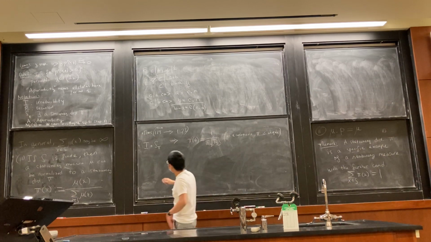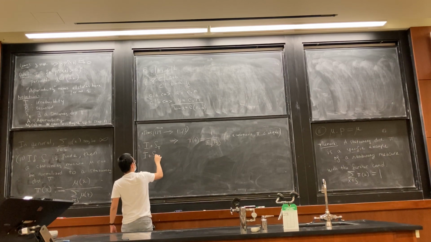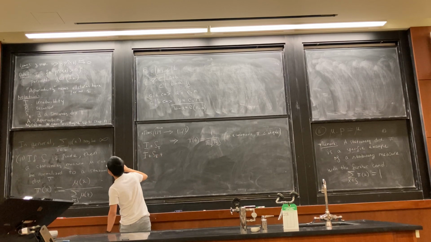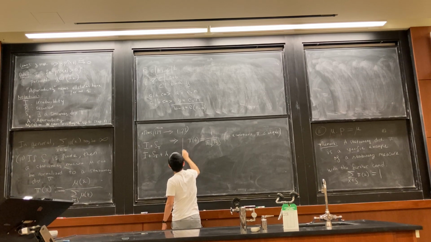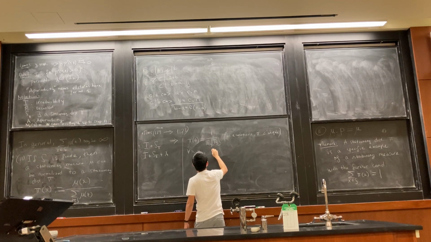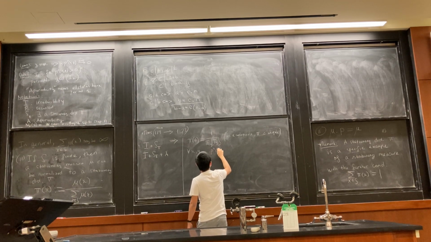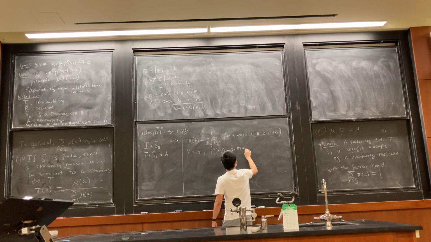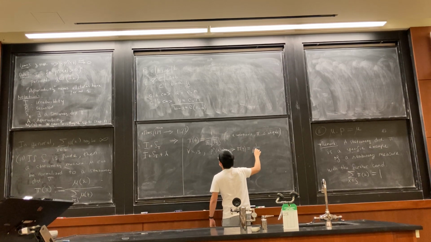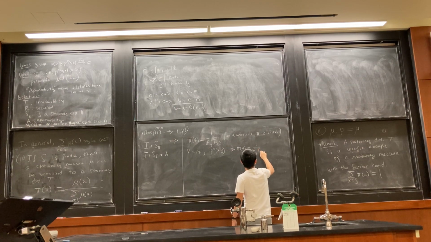The next one is if I have I plus S pi, plus aperiodicity. The conclusion now is for all x and y, I have p n of x y converging to pi y. Recalling that is 1 over the expected return time.